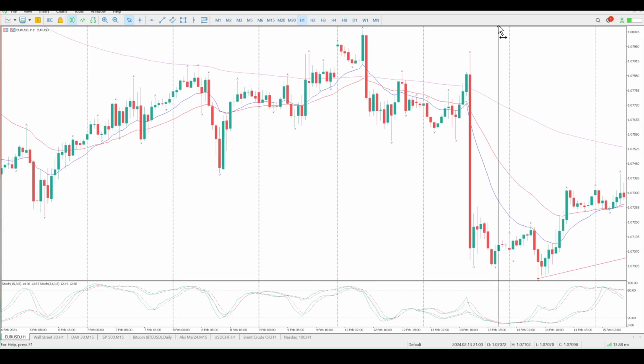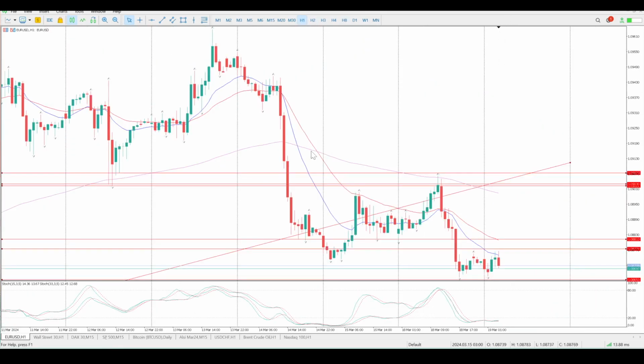And if you zoom out again to the hour, you can see the opposite here. We've had a break of a trend line and we've come back to test this. If we'd had a diagonal there, that wouldn't have helped us either. So I'm just trying to see if there was a clear signal for the entry here.